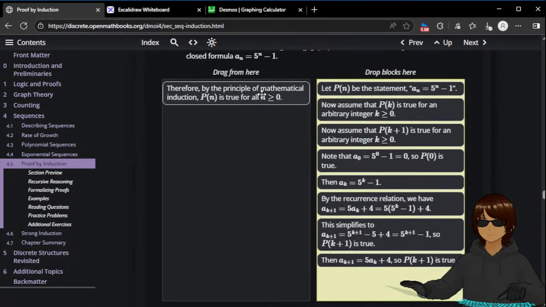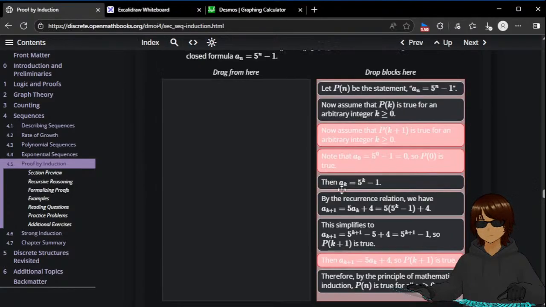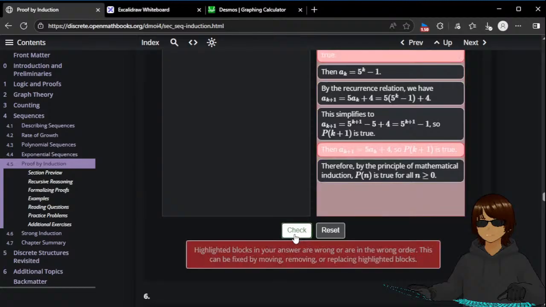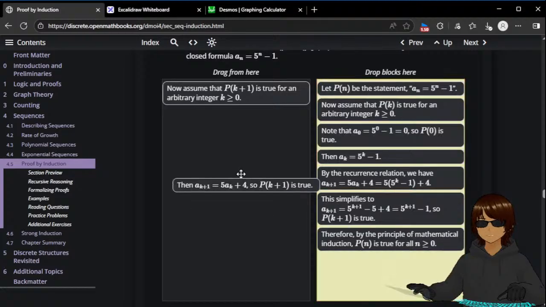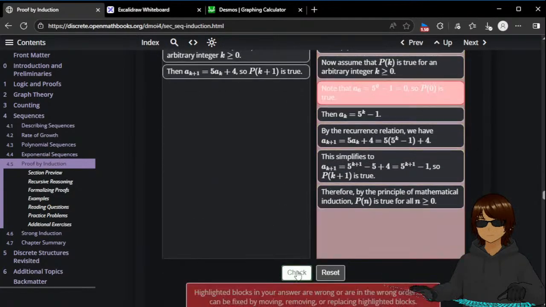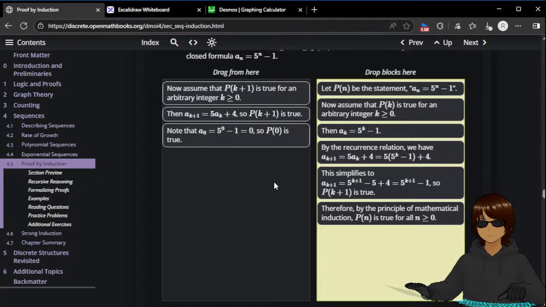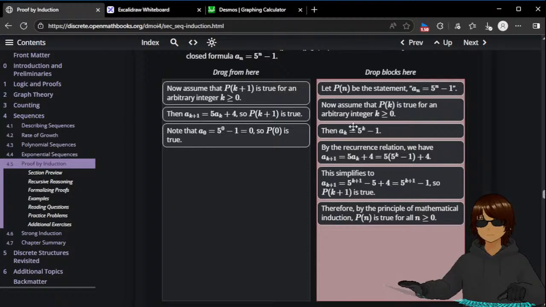I think this is it. Assume PK. I think this doesn't get included, right? Then Kn plus 1. Oh, wait, this. Then AK is equal to 5 to the power of K minus 1.